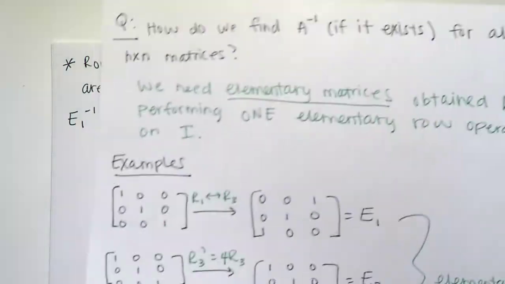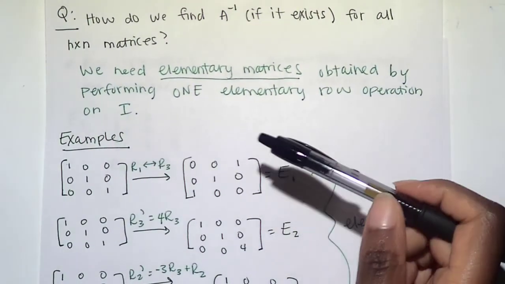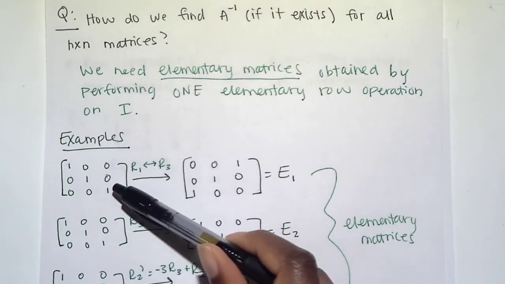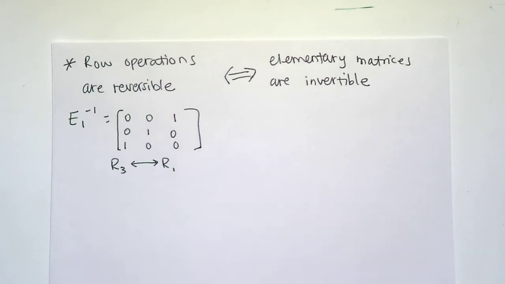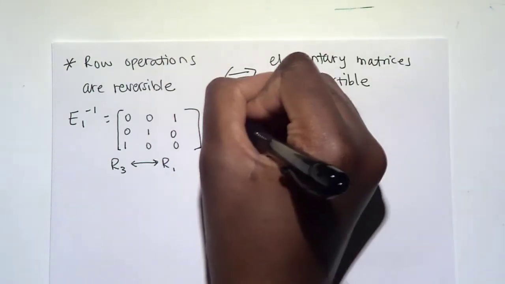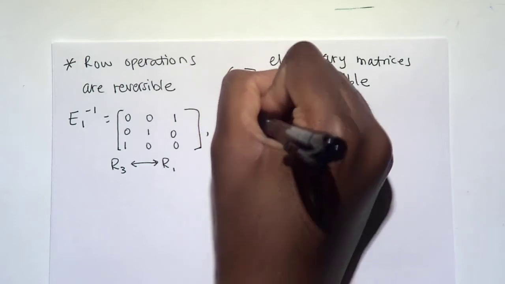Let's see if I can find it in our previous notes. All right, so taking the identity, switching row 3 and row 1, we get this as the result. Okay. All right, we can do this with E2 that we found, that inverse.